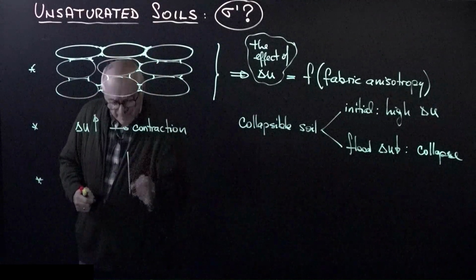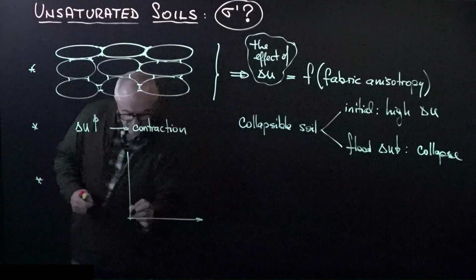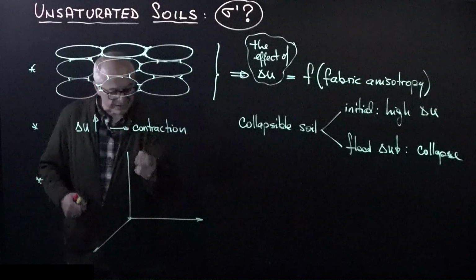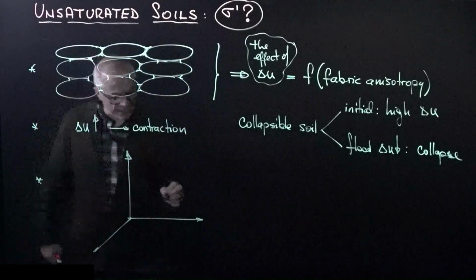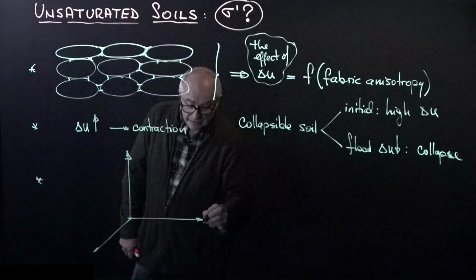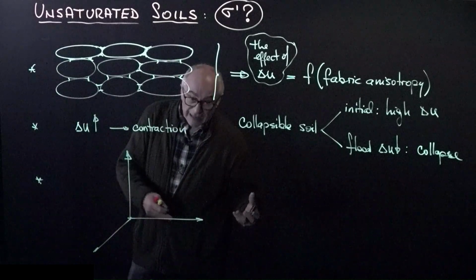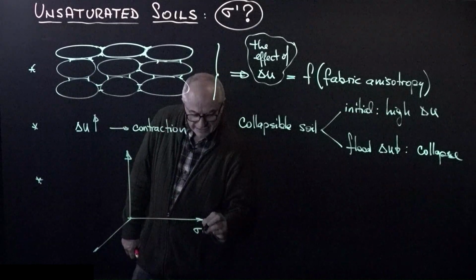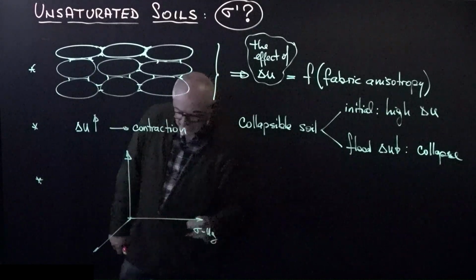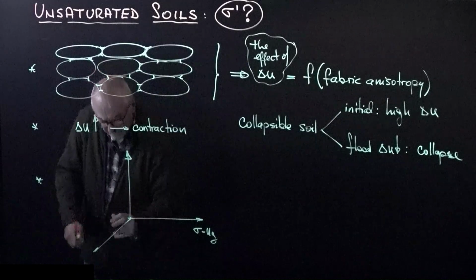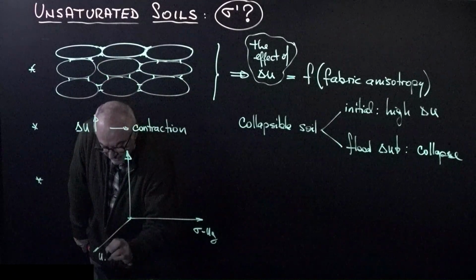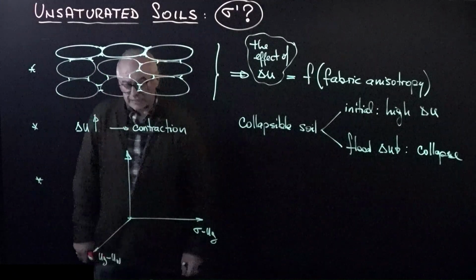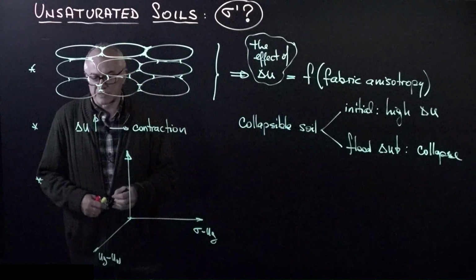And so we should be looking into whether it is a strength or a stiffness or volume change, instead of looking into a combined parameter, let's say Bishop effective stress, we should be looking at the boundary conditions and the internal conditions determined by the suction, and looking at the effect in a three-dimensional space.